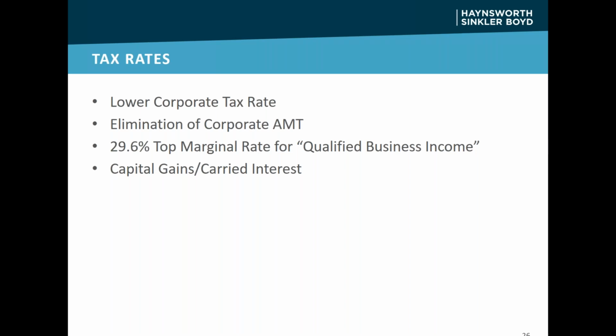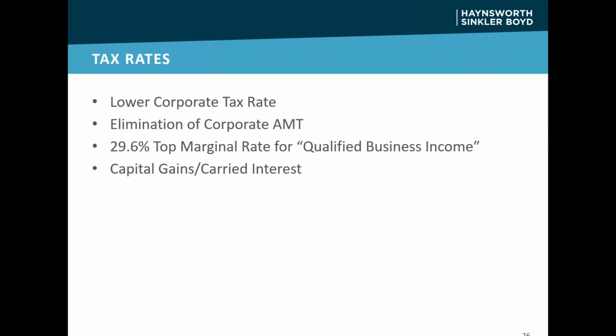Also included in this definition of a specified service trade or business are businesses involved in investing or investment management, trading or dealing in securities or partnerships. But it's important to note engineers and architects were specifically exempted from this definition, in a definition we get into later, they will be included.